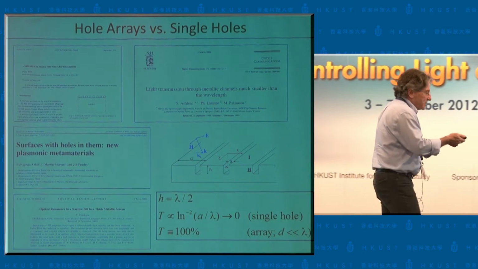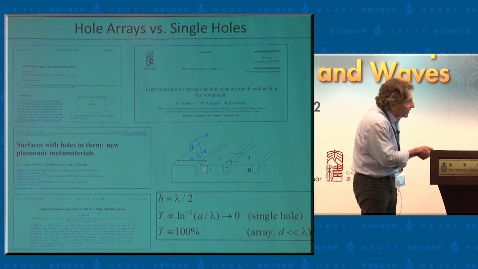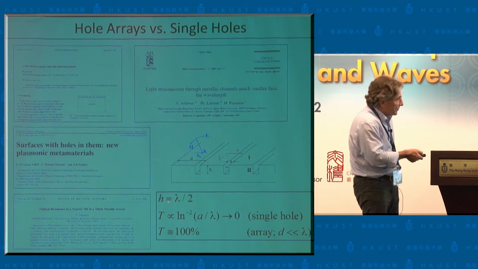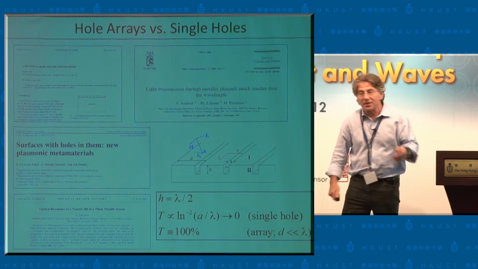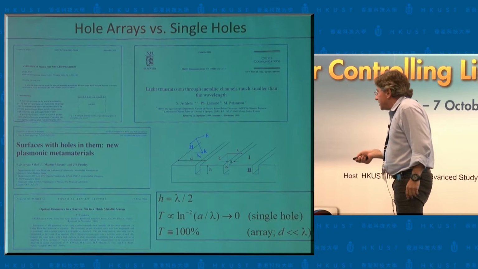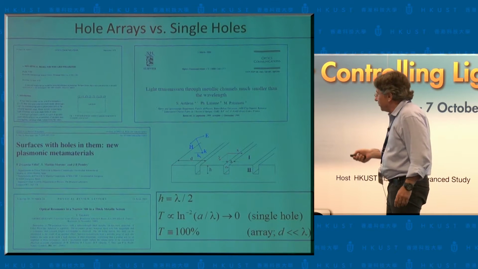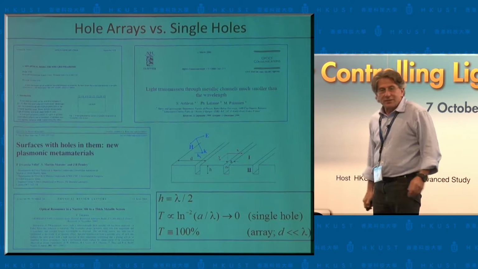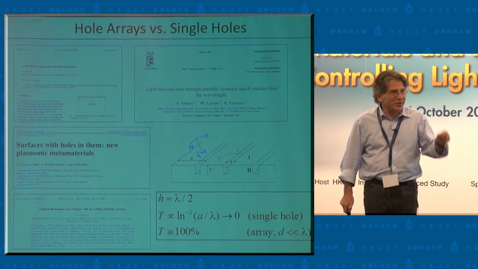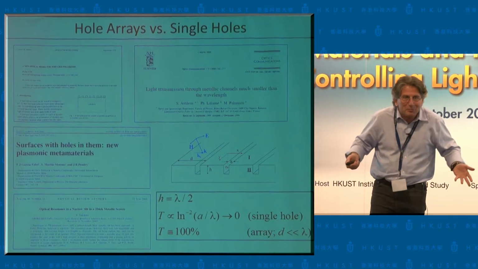If this length h, the height of this groove, is exactly lambda over 2, which is the Fabry-Perot resonance, then you get 100% transmission for an array of grooves. However, for one groove, you get 0 when the slit width goes to 0. So the two problems are not the same.